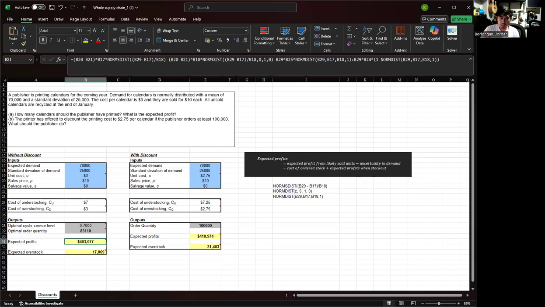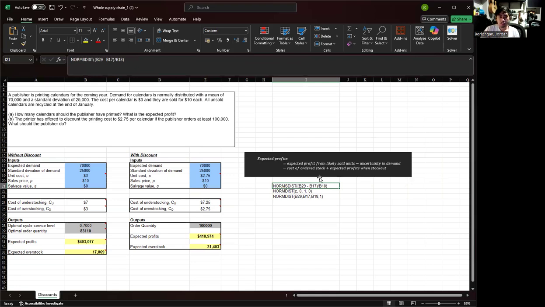Using the various normal distribution commands, the first part basically finds the z value, which is computed by the regular order quantity minus the mean divided by the standard deviation.